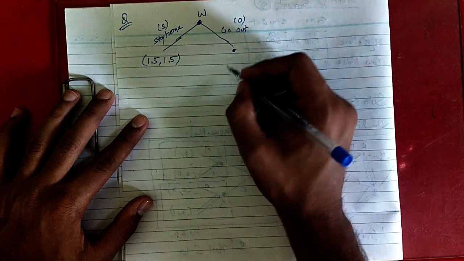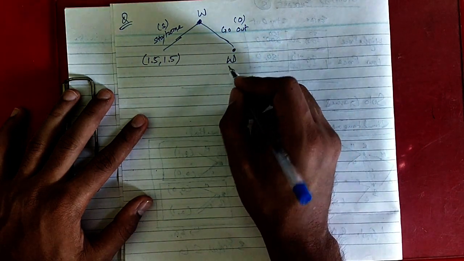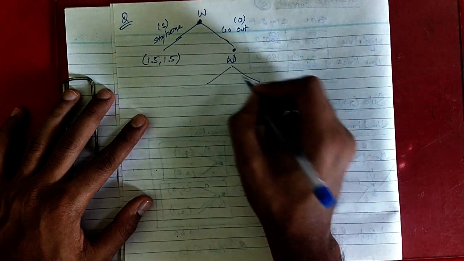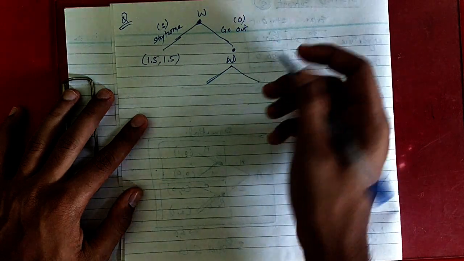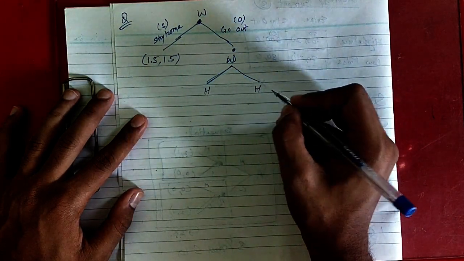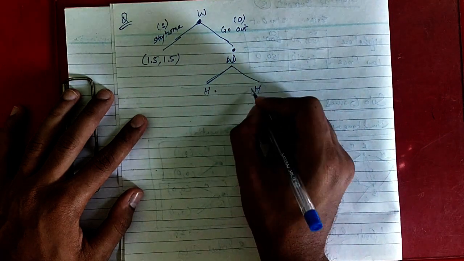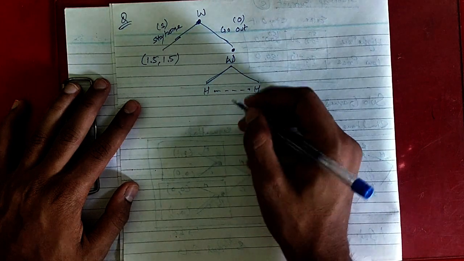Here, if she goes out, then the game starts again, and they will play a simultaneous game. It doesn't matter if you write husband or wife here, because it's a simultaneous game. So here, husband. To show that it is simultaneous, I draw a dotted line here.